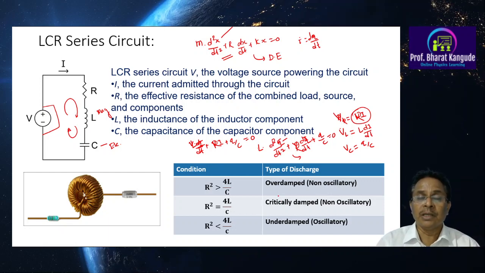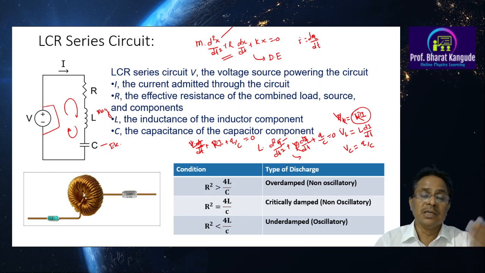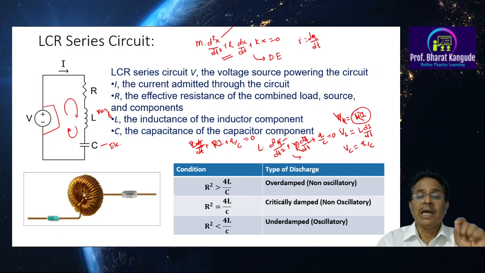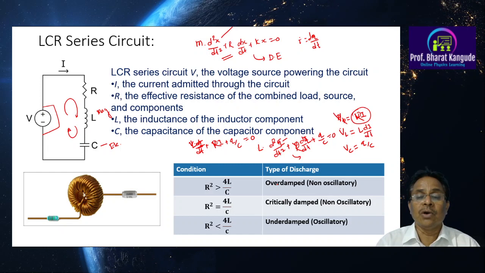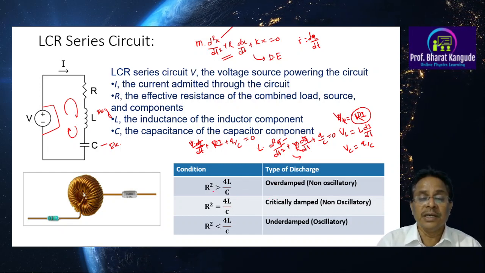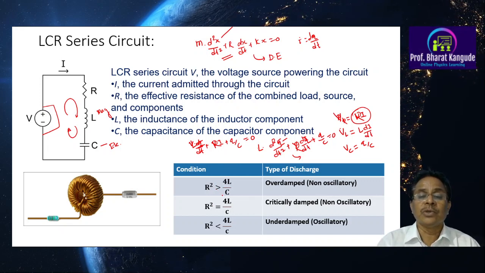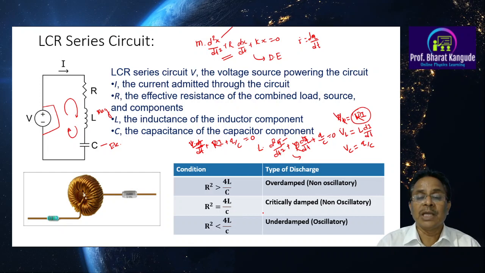So we can see the analogy between the mechanical damped harmonic oscillator and this electrical damped harmonic oscillator. Both of these cases are non-oscillatory, and these are the conditions for the overdamped oscillator as well as the critically damped oscillator.